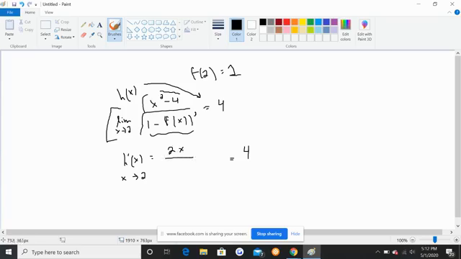And the derivative of 1 minus f of x to the third: we know 1 is a constant, so we get rid of that. We have negative f of x to the third. We bring the 3 to the coefficient, so we have negative 3 times f of x, and now we have it to the second power, subtracting 1 from 3 to get 2 as the exponent.